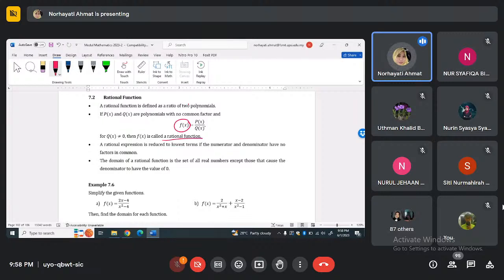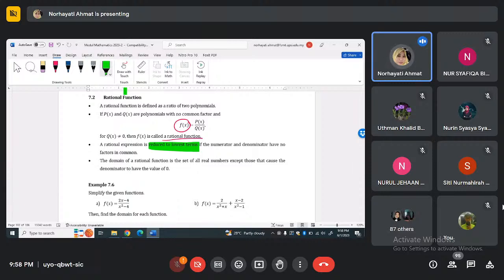Okay, so the function has no common factor, means we need to simplify the function. Okay, kita kena simplify the function. Okay, the rational expression is reduced to lowest terms if the numerator and denominator have no factors in common.